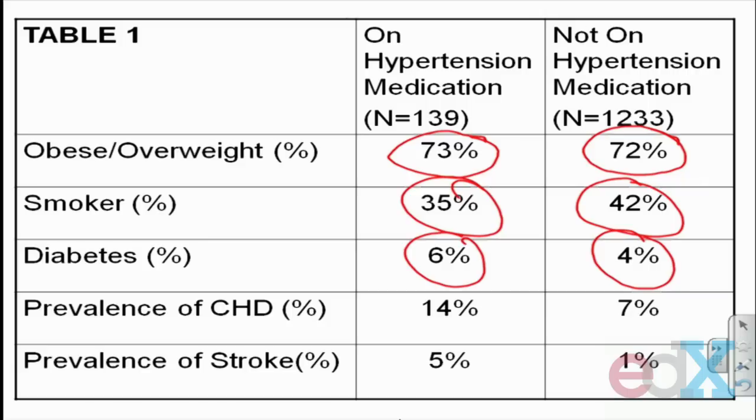In terms of prevalence of previous outcomes that now are risk factors for dying, 14% of the people who received medication for hypertension had been previously diagnosed with heart disease versus only half as much, 7%, in the comparison group. Previous strokes, 5% in the people who received hypertension medication, only 1% in those who did not.